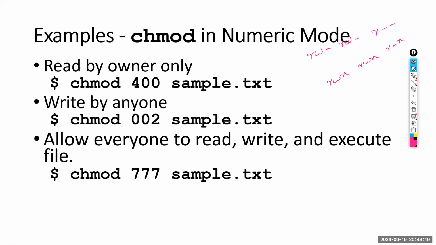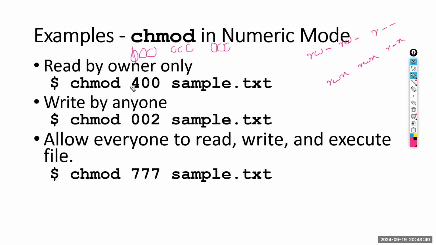Okay. So let's use numeric mode. So you know what is 400? 4 means 100, 2 means 010, 1 means 001, 0 means 000.